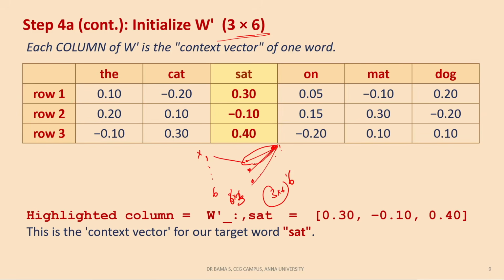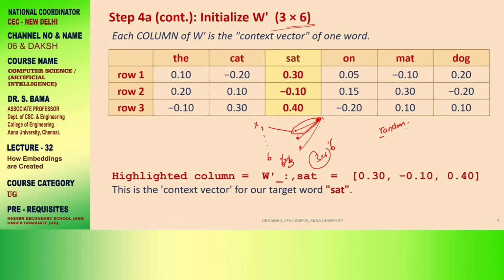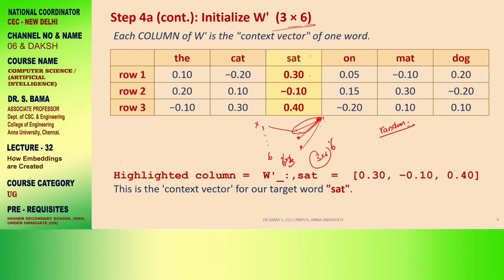For cat, these are the values we have, and these values again are random in nature at the beginning. Suppose we take the third vector, which is sat. Sat at the start has the values 0.3, minus 0.1 and 0.4.